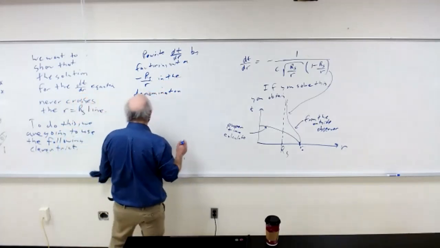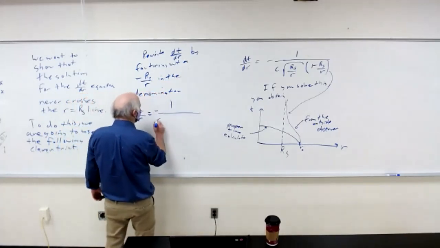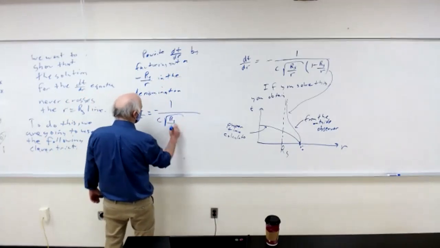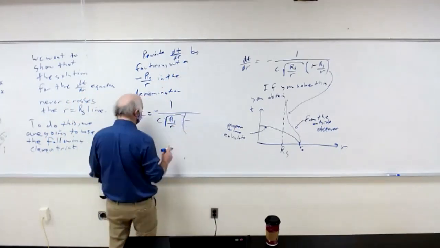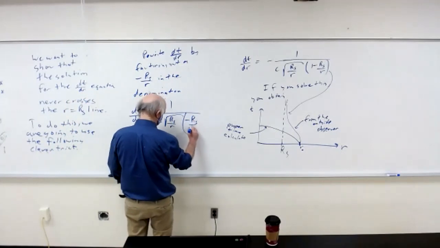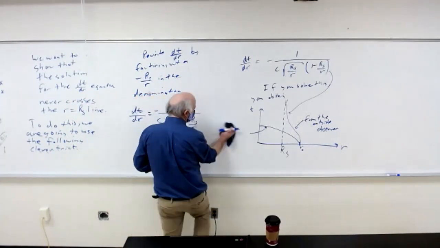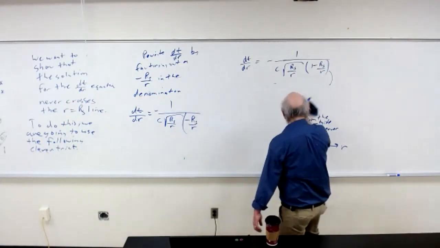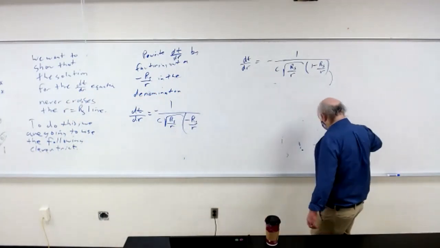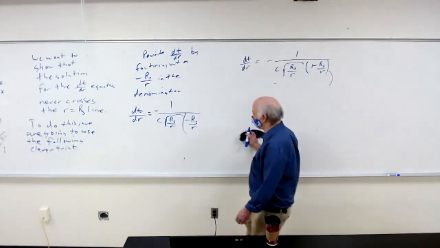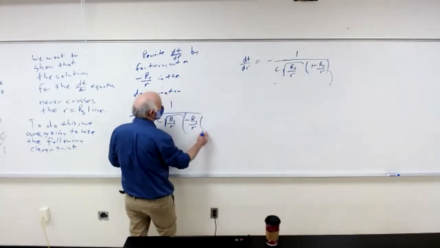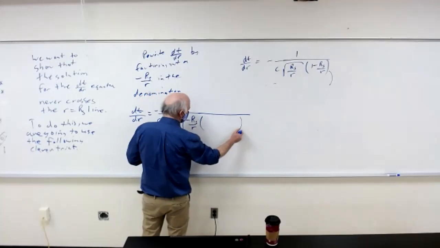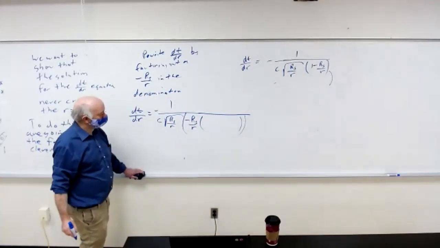So for factor, okay, I'll write this: 1 over C square root of RS over R, and pull out a minus RS over R. You tell me what we're left with.